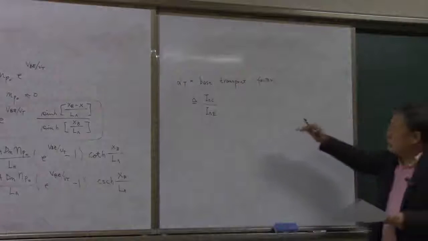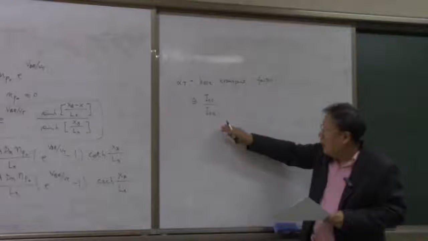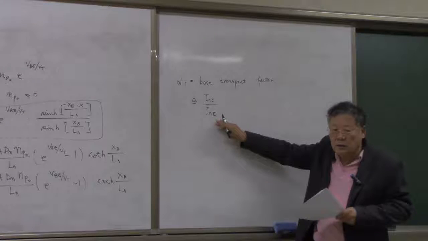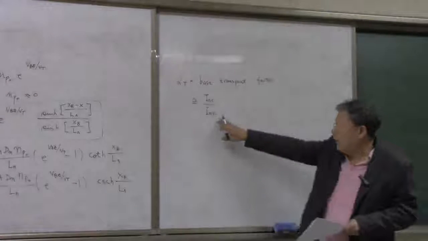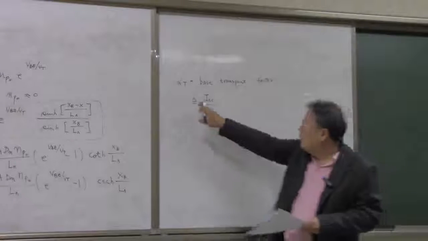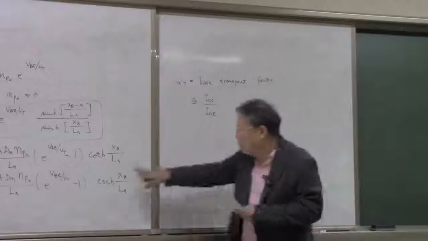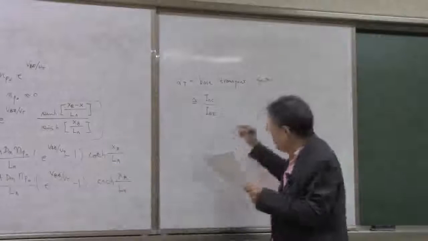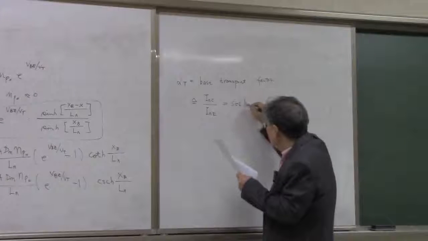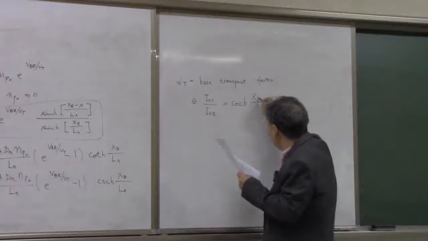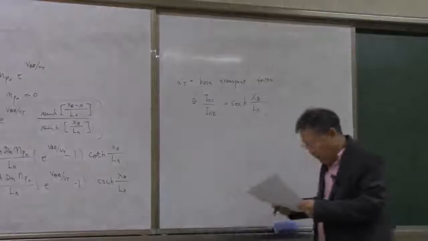The electrons survive to the collector, and the others are the electrons which have been recombined in the base. That is the base transport factor, and then we can take the ratio from here, and that's going to be sech of x_B over L_n if you use these two equations.